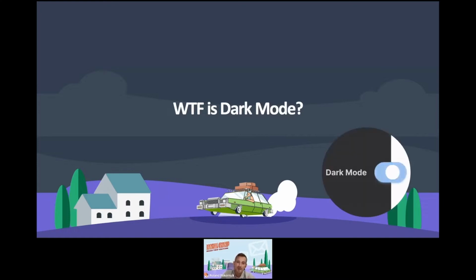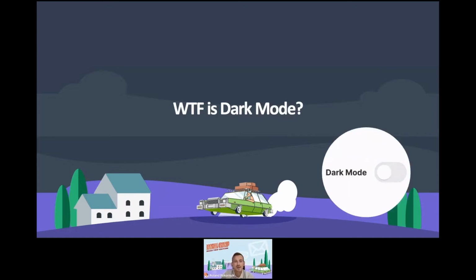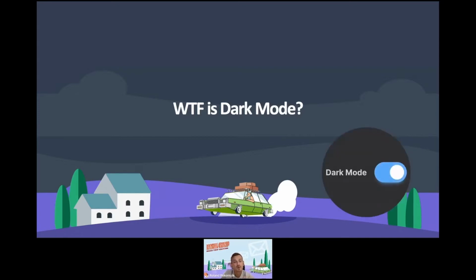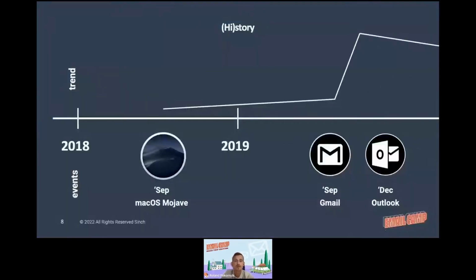Thankfully, light mode still remains the default setting for most apps, but dark mode started spreading a few years ago. It was something that Apple started with macOS Mojave in the fall of 2018.